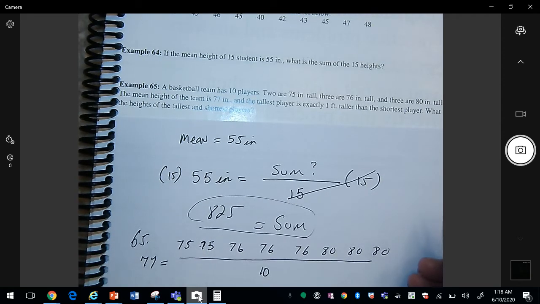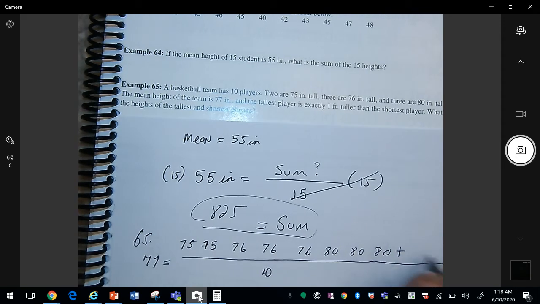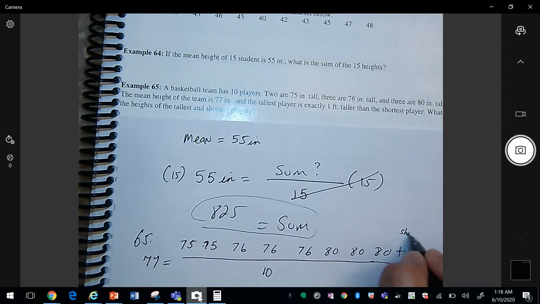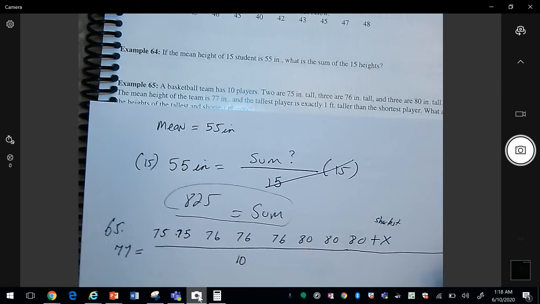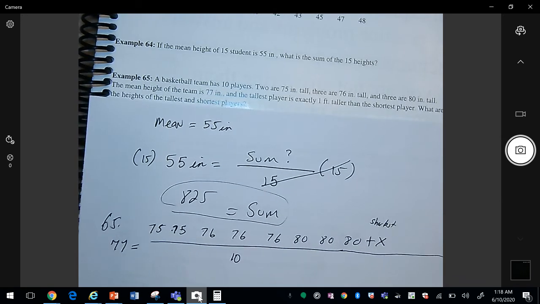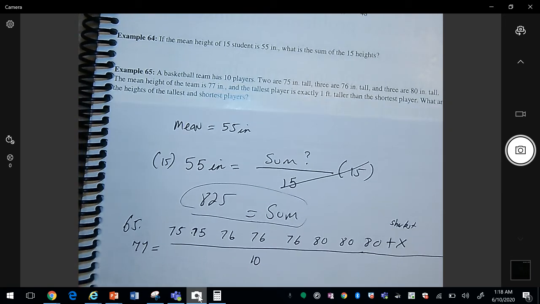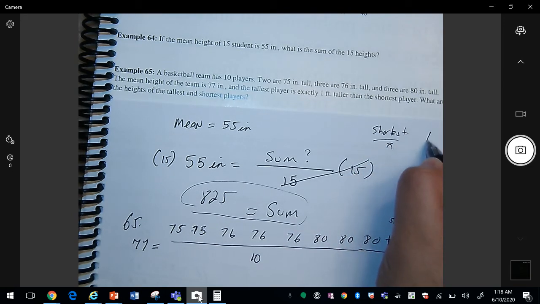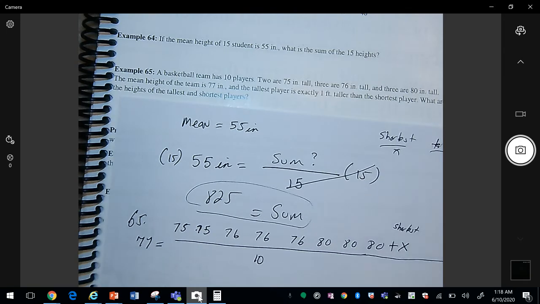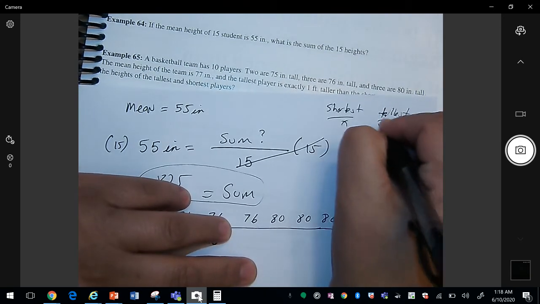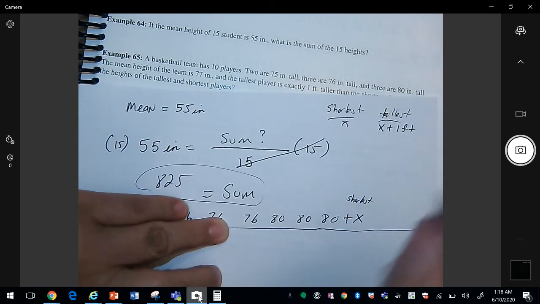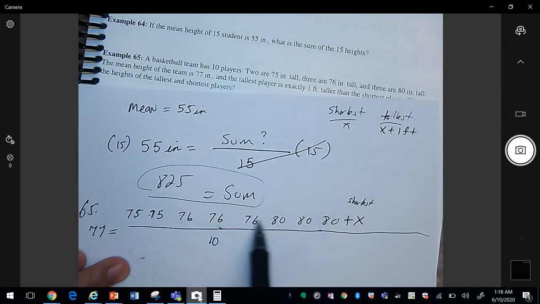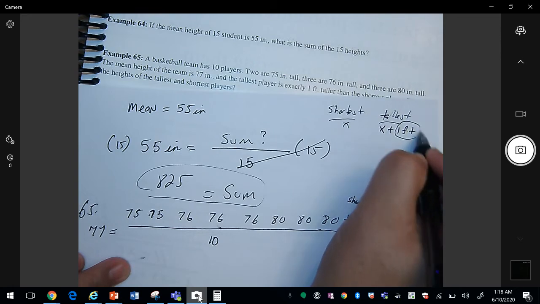They tell us that the tallest player is exactly 1 foot taller than the shortest. I don't know what the shortest player is, so I can call the shortest player X. So the tallest player is going to be 1 foot taller than the shortest player. If my shortest player is X, then my tallest player is going to be X plus 1 foot. But notice that all these heights are in inches, so this 1 foot should be in inches.